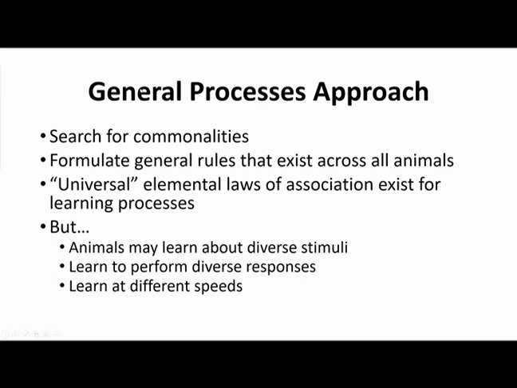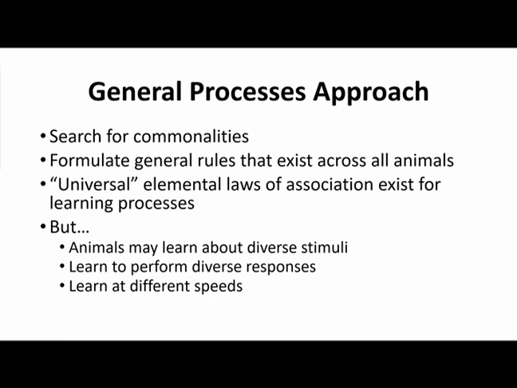So the general processes approach is basically going to focus on looking for commonalities between species. A lot of studies of learning focus on this idea of finding overlap, finding common behaviors, finding common actions and mechanisms, rather than focusing on the disparity that can exist between species, because that can get easily overwhelming.